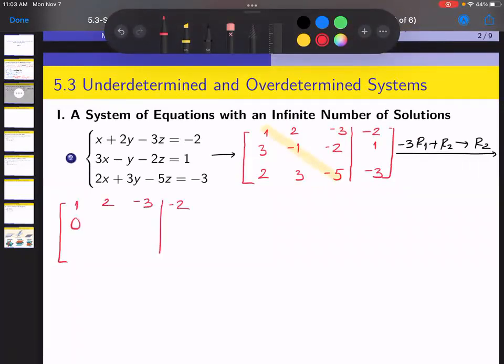So 0, right? -3 times 2 is -6, plus -1 is -7. -3 times -3 is +9, and -2 is +7. And -3 times -2 is +6, and 1 is 7.